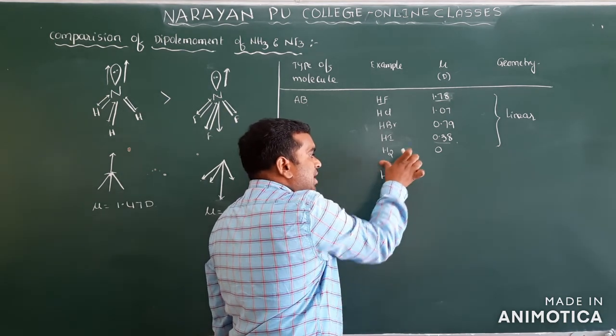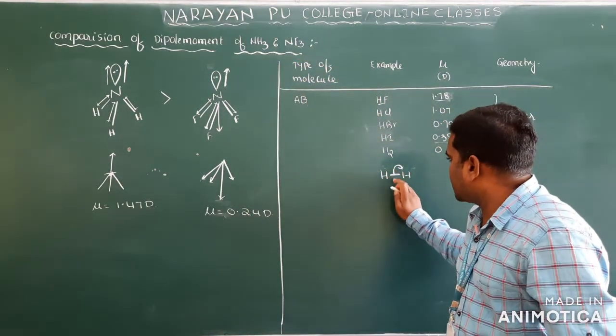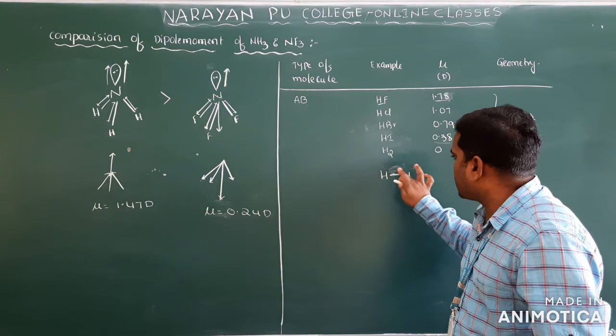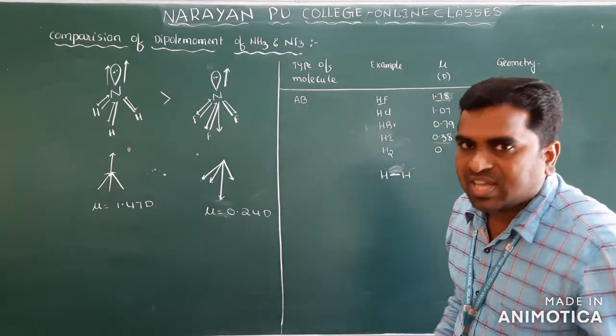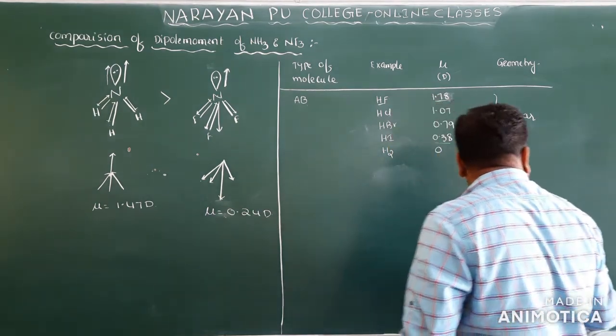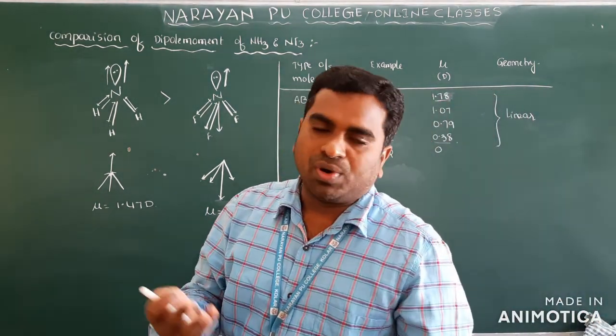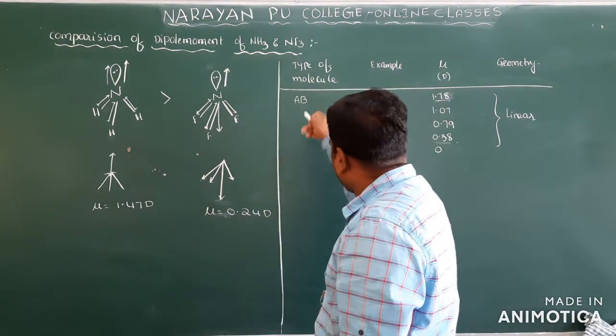But both are the same atoms, so the two bond pair electrons lie between the two atoms and poles will not be generated. If poles are not generated, the charge will be 0. Charge is 0 means the dipole moment will be 0, because dipole moment mu is equal to Q times d, charge into distance, and charge is 0. We have already discussed that.